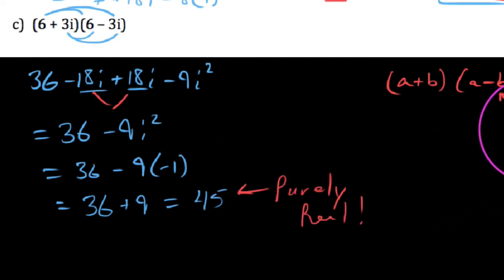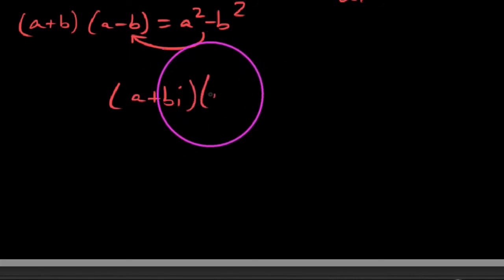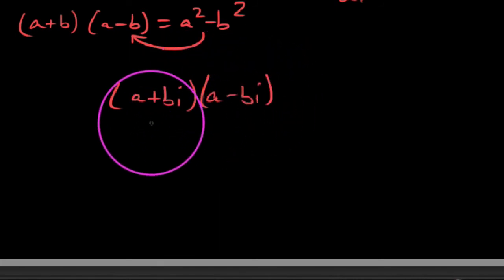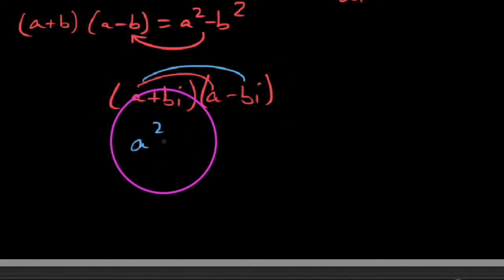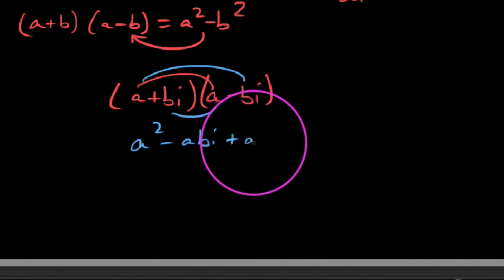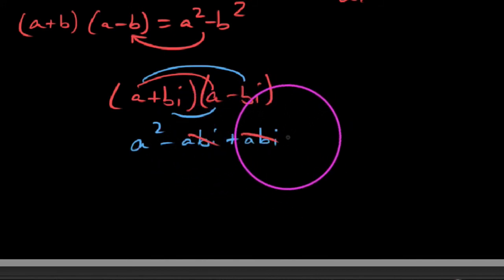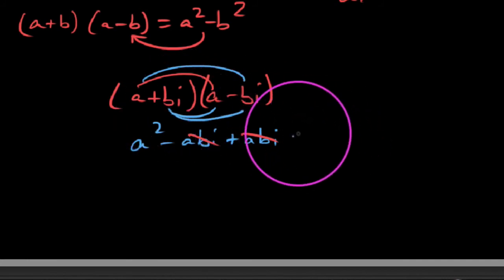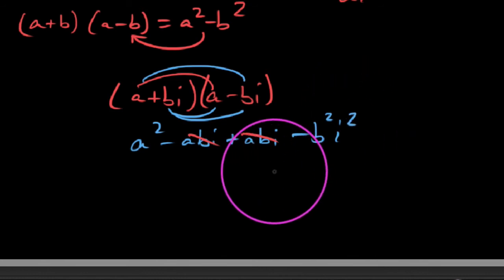Essentially, what I want to point out is anytime you multiply two complex conjugates, like a plus bi, a minus bi, let's go ahead and FOIL this out. We would get a squared minus abi, but we turn right around and get plus abi. So again, our complex conjugates multiply out and get our middle terms to cancel. And then we get minus b squared i squared.